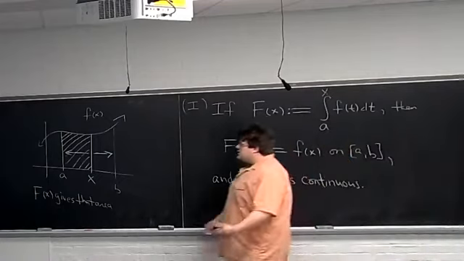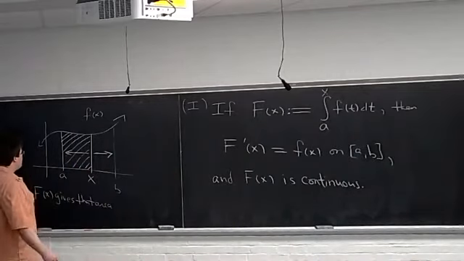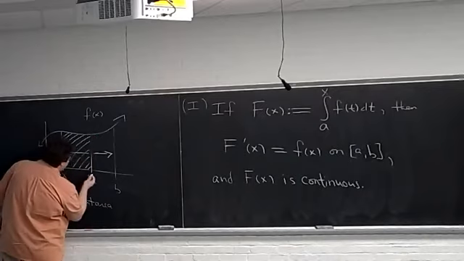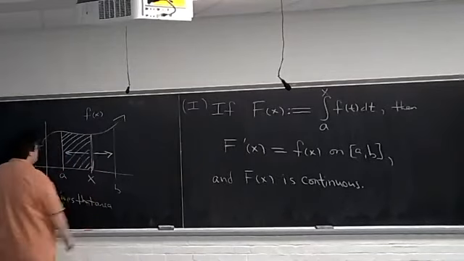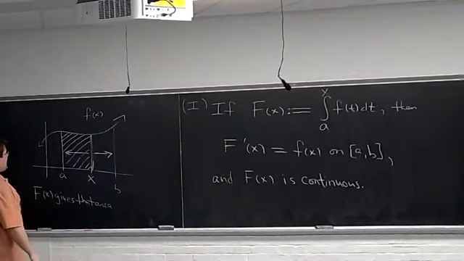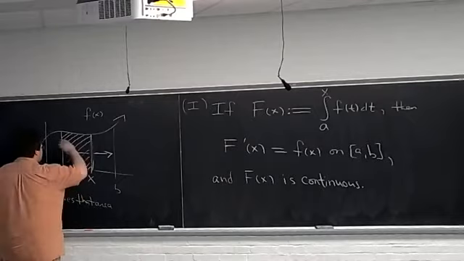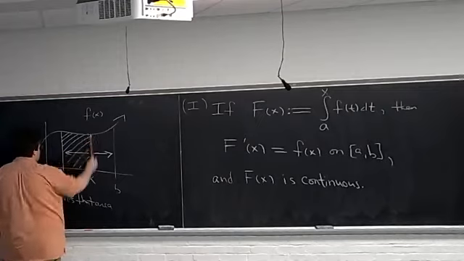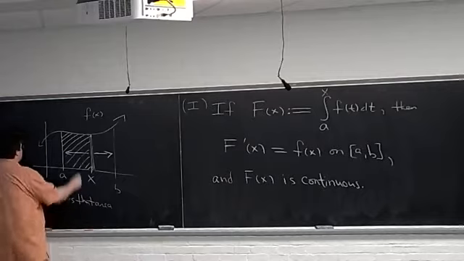Well, what I like to see in a curve like this is this vertical bar at x. We can view this area between a and b as being filled in by these vertical bars.